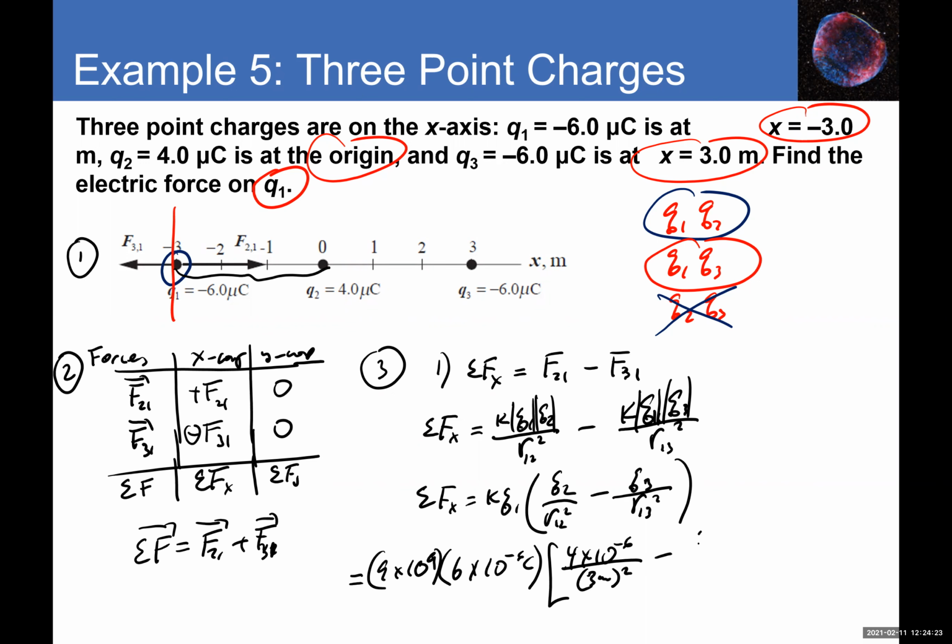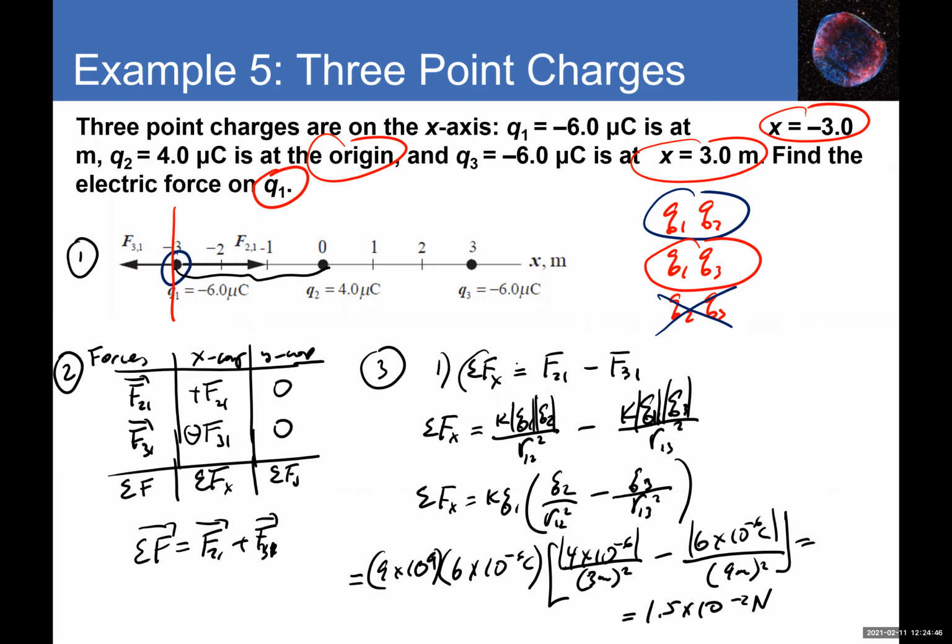Then minus, again, 6 times 10 to the negative 6 coulomb. And the negative is not because it's a negative charge, but because of the direction of that force. And divide by 9 meters squared. If I calculate my net force, I'm going to get 1.5 times 10 to the negative 2 newtons.